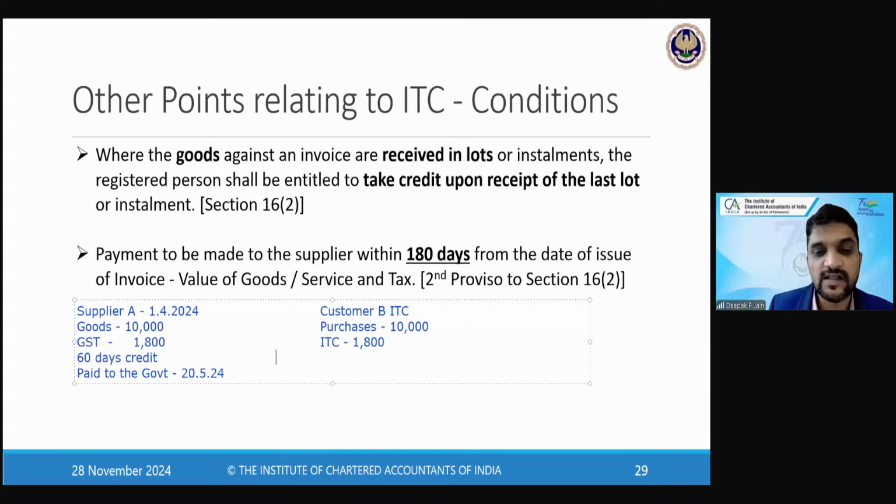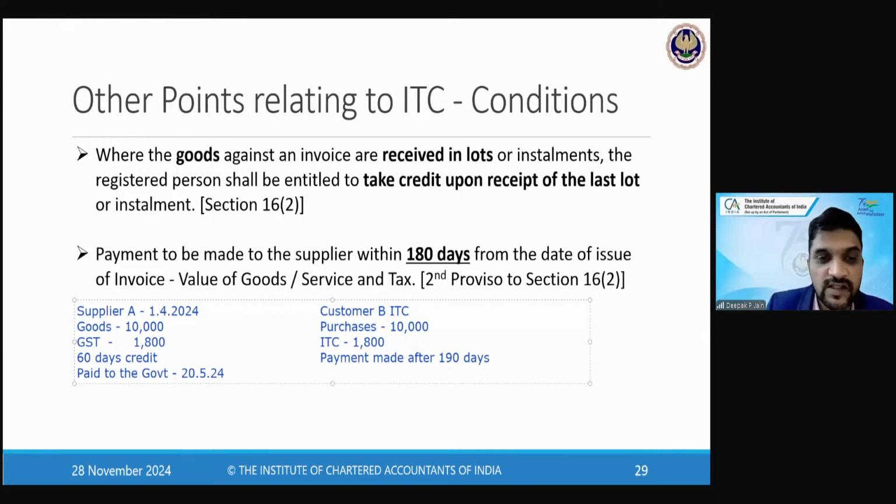Now, the 60 days credit payment, what has to be made? This person has not made it on time. He's made payment after 190 days. So what should B do?